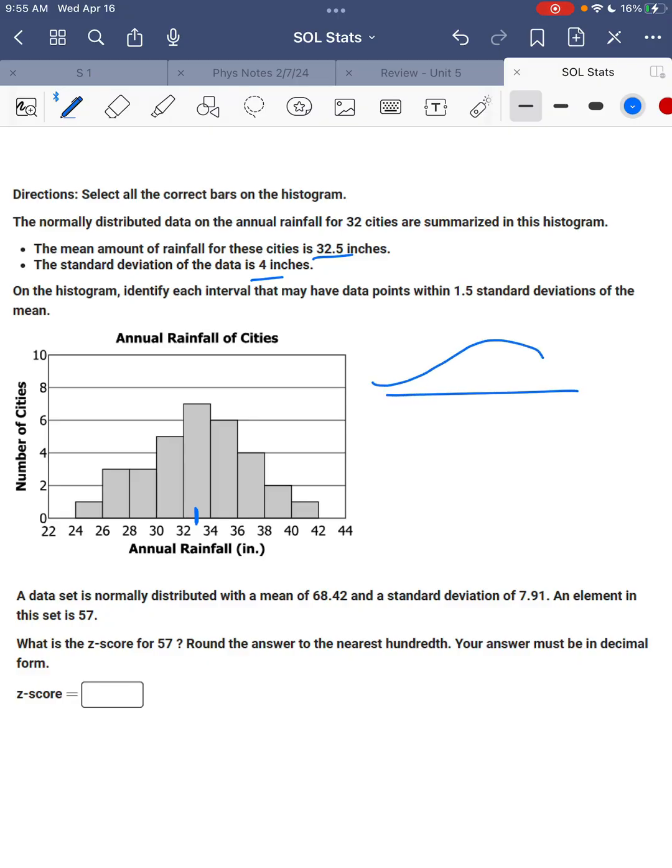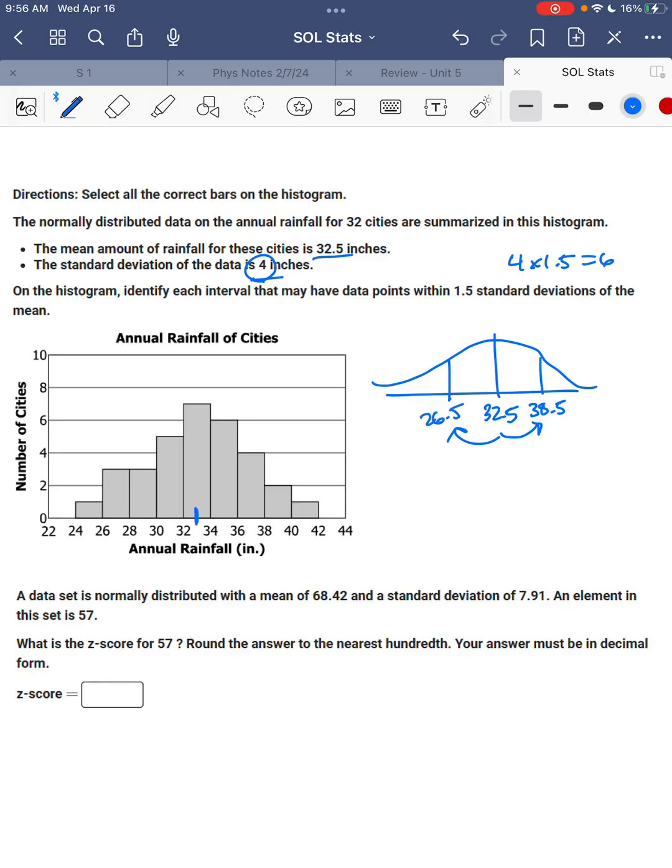So the middle is 32.5. I want to go 1.5 standard deviations above and below. So 4 times 1.5 is 6. So I have to go 6 up and 6 down. So 6 up would be 38.5 and 6 down would be 26.5.